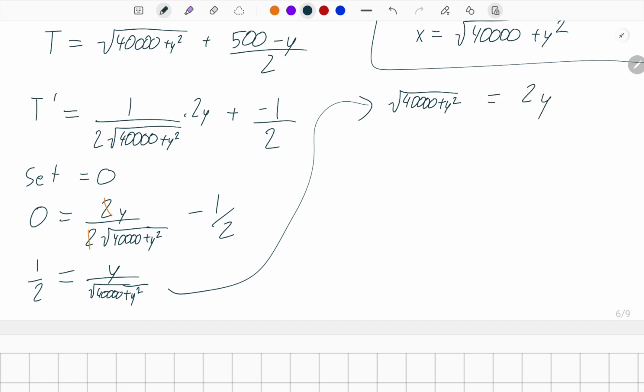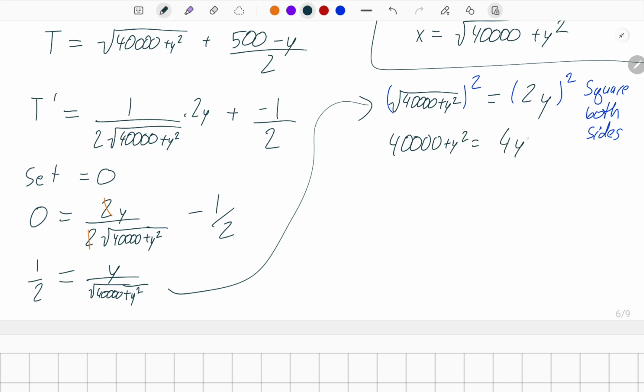equal to 2y. And then from here, what we're going to do is square both sides, since we have a square root. All right, so just do that like that, and that cancels out the square root, so it's just 40,000 plus y squared.